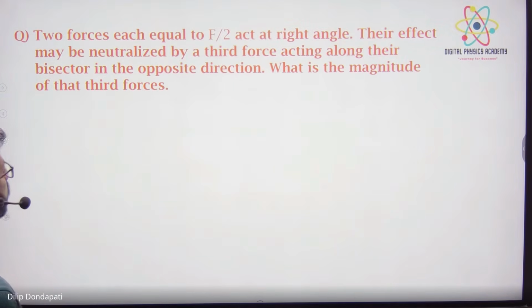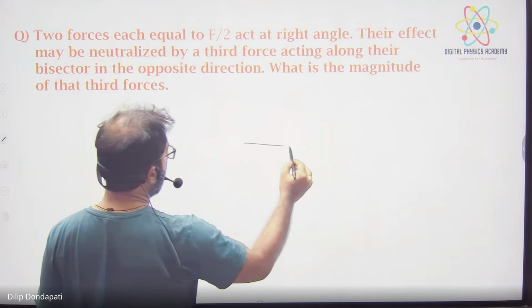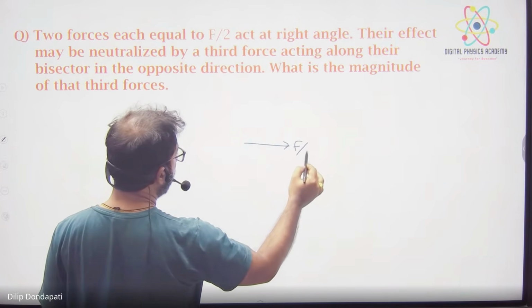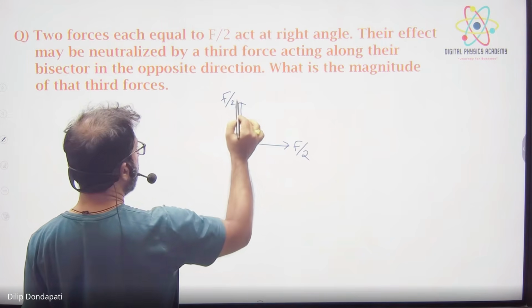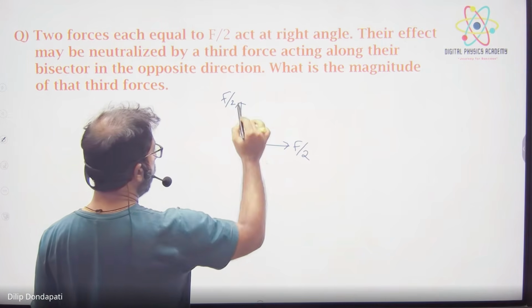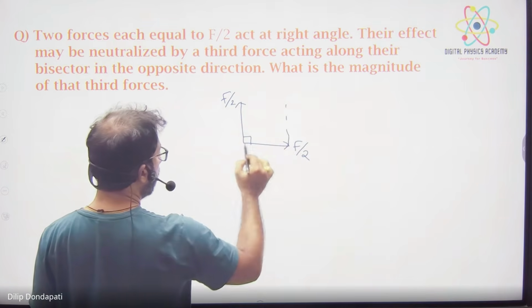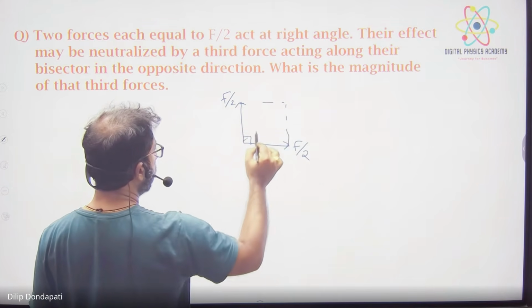Two forces each of F by 2 are acting at right angles to each other. So F by 2, F by 2, acting at right angles. What will their resultant be? Draw one line parallel to this line, parallelly. The resultant is this one.